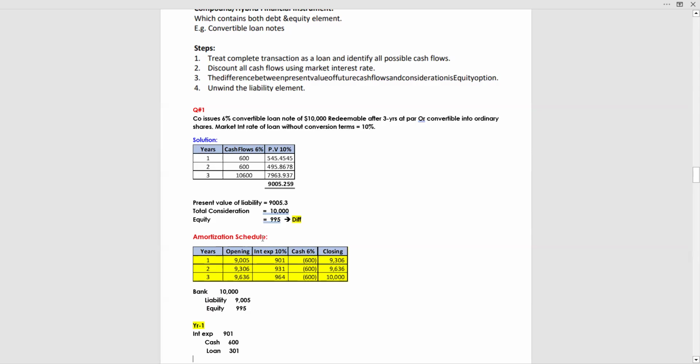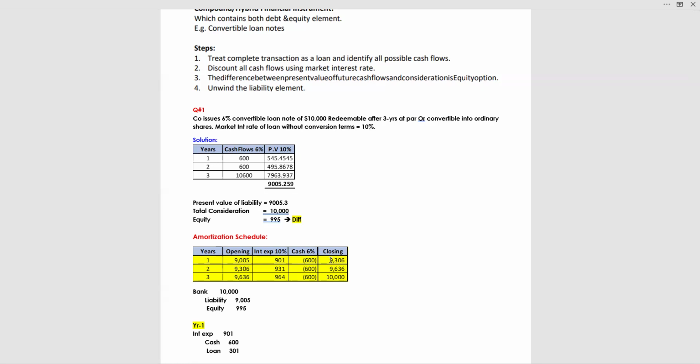Now, the amortization schedule. Unwind the liability element. Remember these steps. Year 1, 2, 3: opening, interest expense, cash, closing. 9005, interest 901, as 10% of 9005 is 901. Cash 600, which is 6% multiplied by the 10,000 face value. Remember, 9306 is your closing of the first year. This closing will become the opening of the second year.